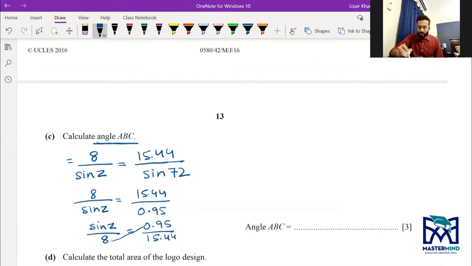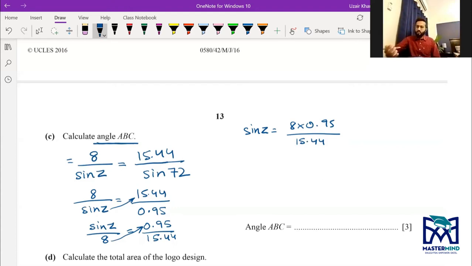And now I'm simply going to shift it and multiply it on the other side. So sine of angle Z is equal to 8 multiplied by 0.95 divided by 15.44. You can also always do this: first shift the denominators to the other side and multiply, and then further divide.